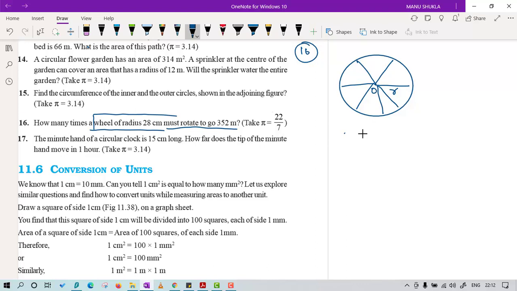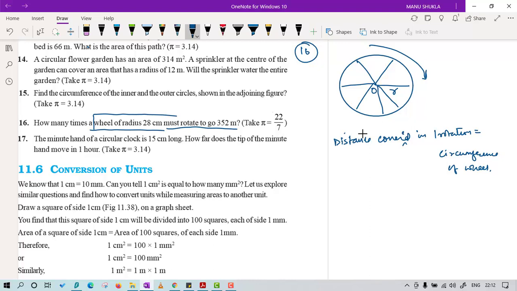Now if someone asks you how much distance is covered in one rotation of the tire, you will say that the distance covered in one rotation is equal to the circumference of the wheel.